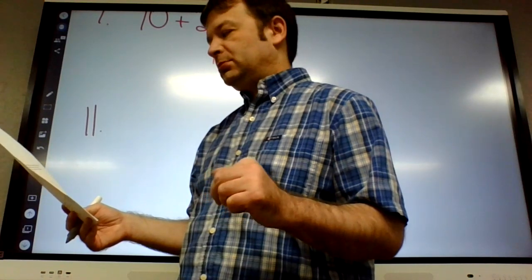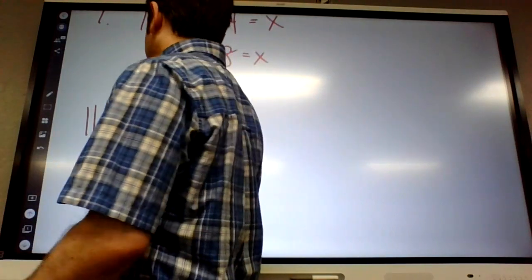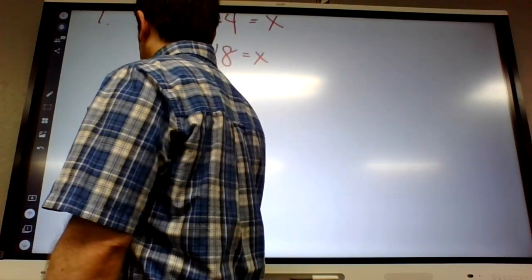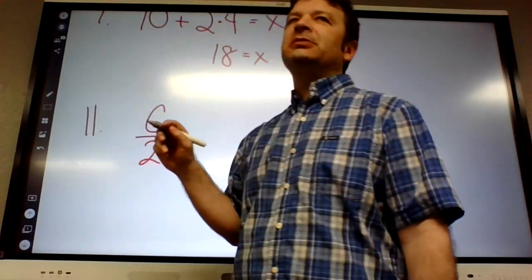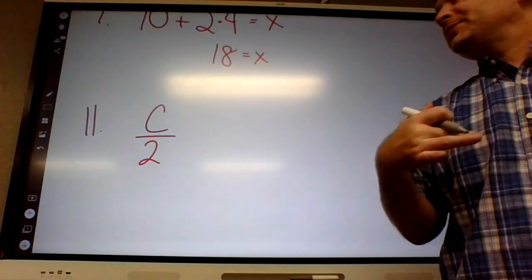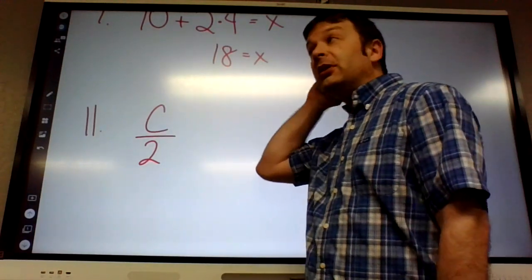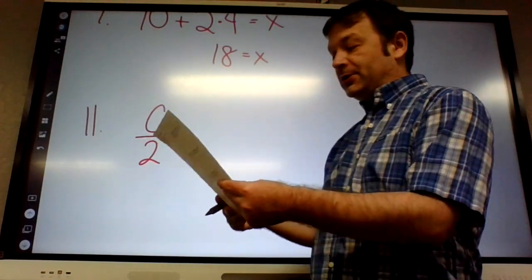Will we use C as a variable? Yeah, that's fine. C divided by 2. What's another way we could do that? Half of would be 1/2 times comic books, but that's the same thing as dividing by 2. Yeah, comic books divided by 2.